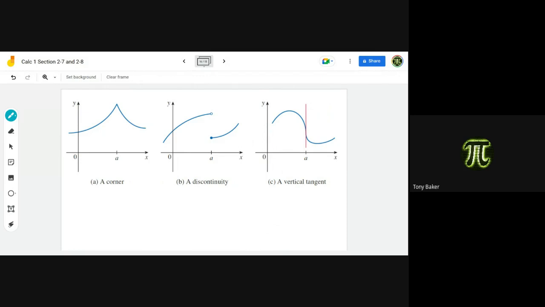As h goes to 0. And it's telling me the slope at those points. So if we look at these three situations, what does the slope look like it does there? What's the slope at that point?